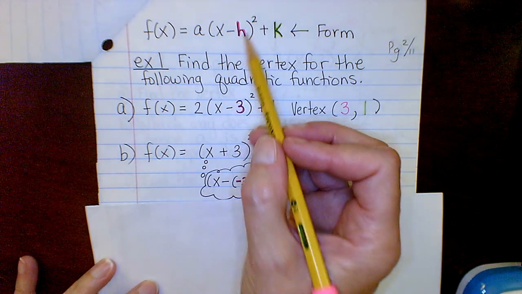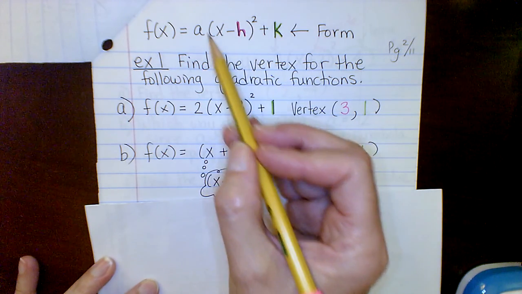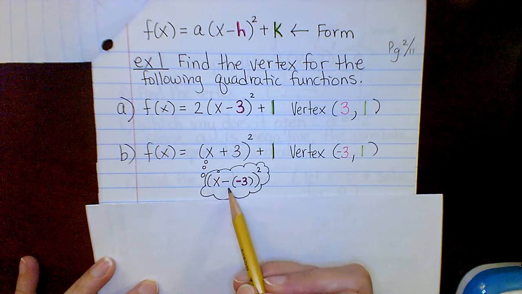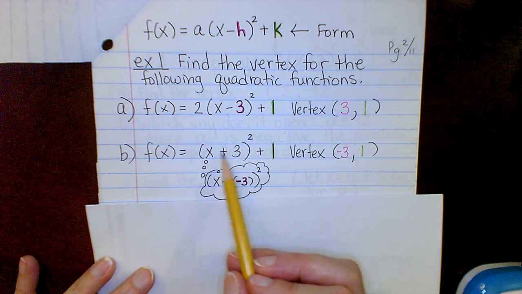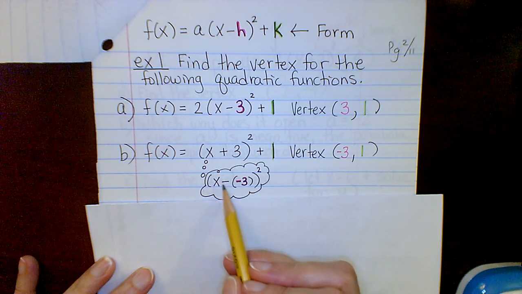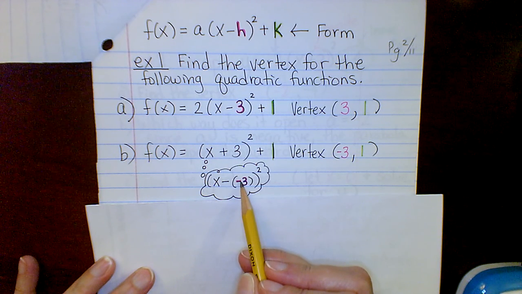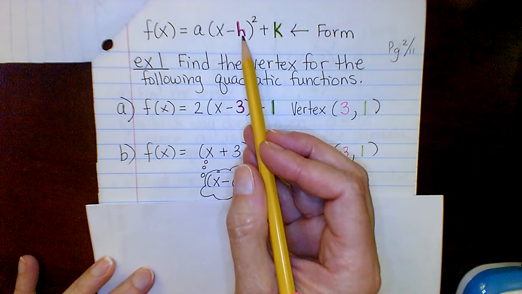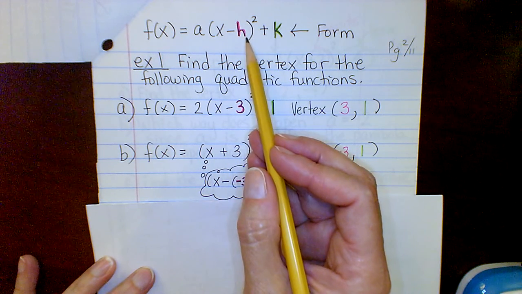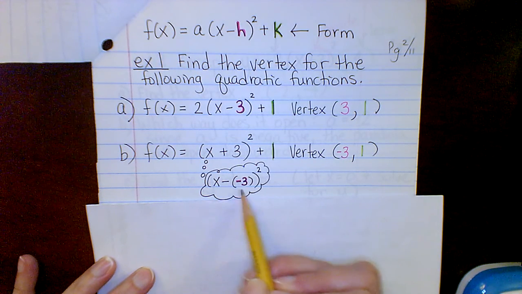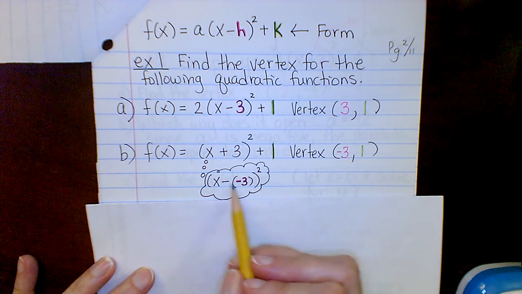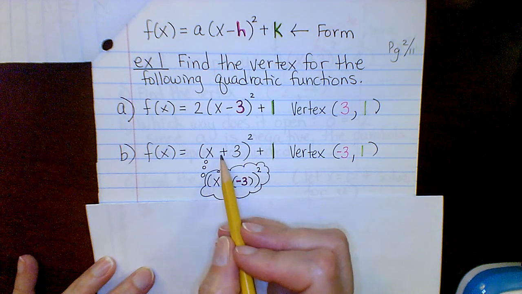Because in order to get it into this form of x minus some number squared, I have to rewrite this plus sign as minus a negative. So what's being subtracted? What comes after the subtraction symbol? Well, negative 3 comes after the subtraction symbol, because that negative times that negative gives you that positive.